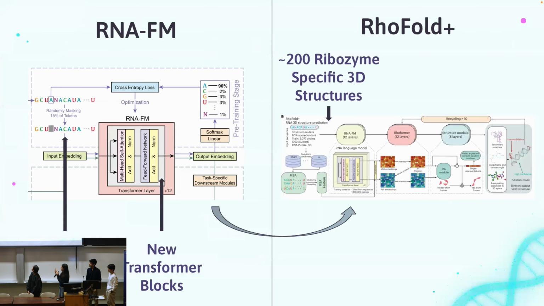Using these three different types of embedding, we hope to put them into RhoFold+. This is the current state of the art model for RNA folding. You can see in the middle part, they have MSA and the embedding from RNA-FM, but we're adding another layer to that in order to create something that we can feed into the model and help with our secondary structure prediction.